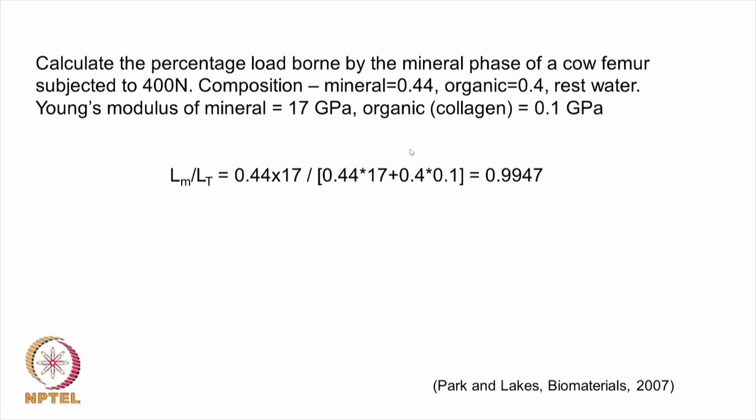You understand, this is the total, and then the mineral part is 0.44 into 17. So, that gives you 0.9947, that is 99% of the load will be borne by the mineral phase. Because the Young's modulus of the mineral phase is so much, Young's modulus of the organic phase is very little. So, it is assumed that it will be in the same ratio as the Young's modulus and the volume fraction. Understand? So, it is quite a simple problem.